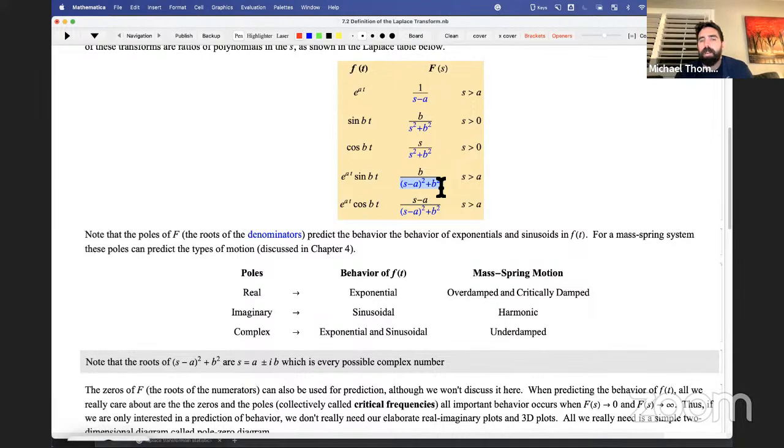So what's going to happen here is you're going to have a combination of exponential and sinusoidal motion. And it kind of makes sense because the vertical axis, imaginary axis, corresponds to sinusoids. The horizontal axis corresponds to exponentials. So if you're over here or over here, you should have some combination of the two.